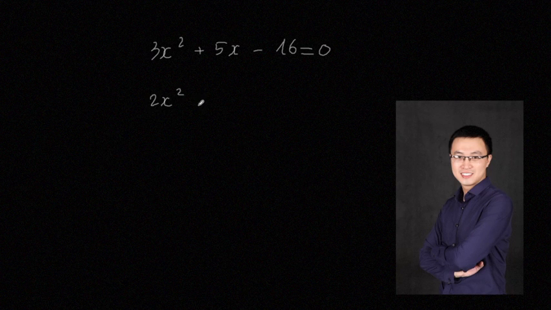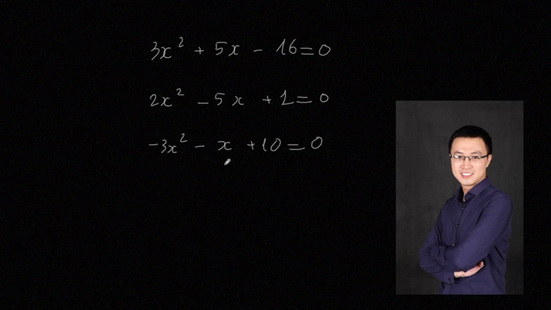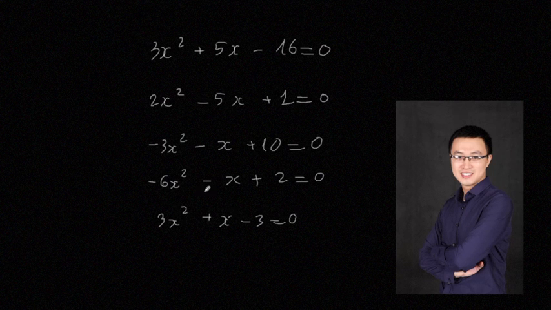Okay, the second one I will have here is minus 5x plus 1, and maybe another one is minus 3x squared minus x plus 10 equals 0. Here a and b are negative. Okay, and one more. Apply example 1 and example 2 to this homework and work by yourself.